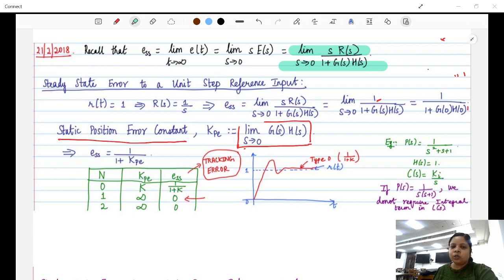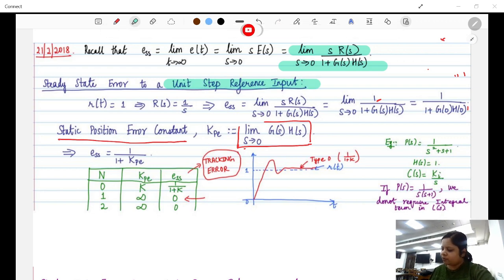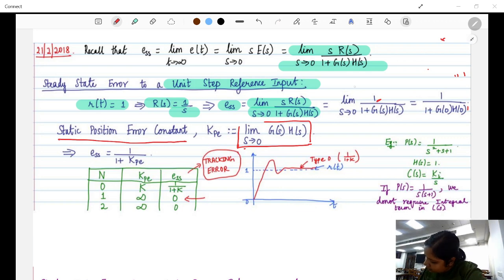Now, if a unit step reference input is given to the system, what would be the steady state error? If we wish to know that, r(t) here is 1, that means R(s) is equal to 1 by s, right? So here e_ss is equal to limit s tends to 0 of sR(s) upon 1 plus G(s)H(s). Now here we get 1. Why have we got 1 here? Because R(s) is 1 by s and s was already there.